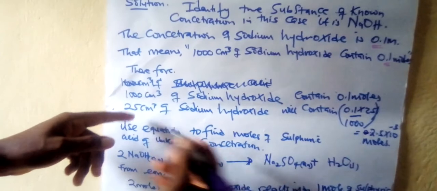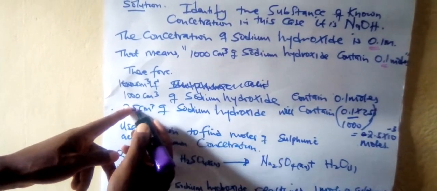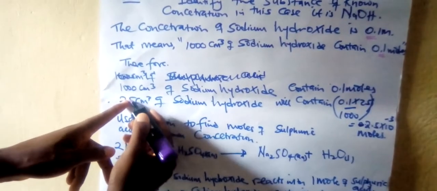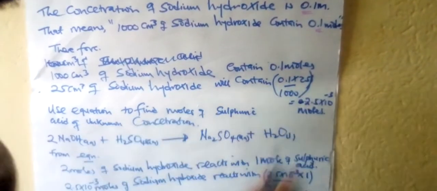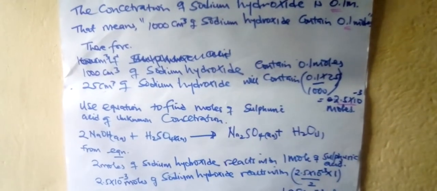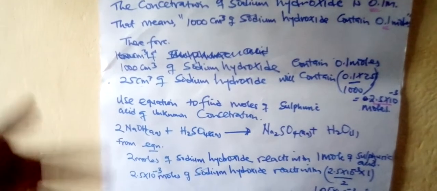Therefore, the moles we shall get are the ones that reacted. So what about in 25? We cross multiply, 0.1 times 25 over 1000, and we get the answer.